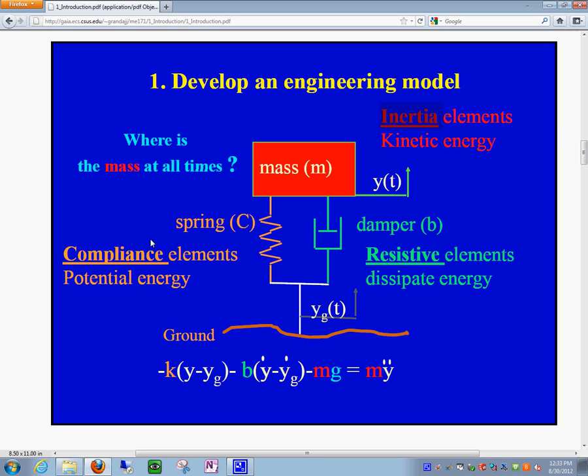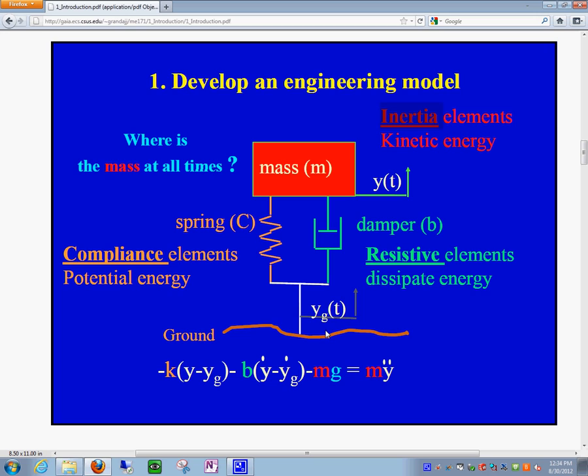I put this in with this color, and then I chose a different color for this resistive element, this damper. We're going to call it the R element. And then in here would be the source, the source of the motion or the disturbance, you may say, from the bottom, from the ground. So that is the system.